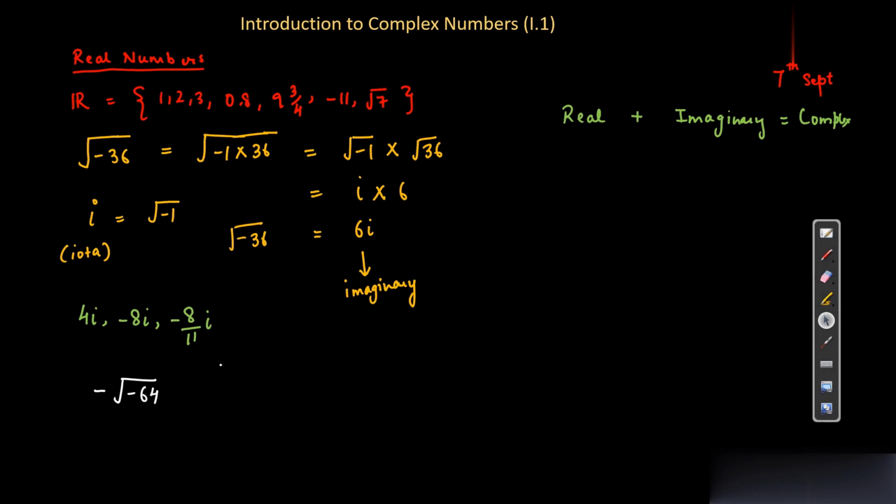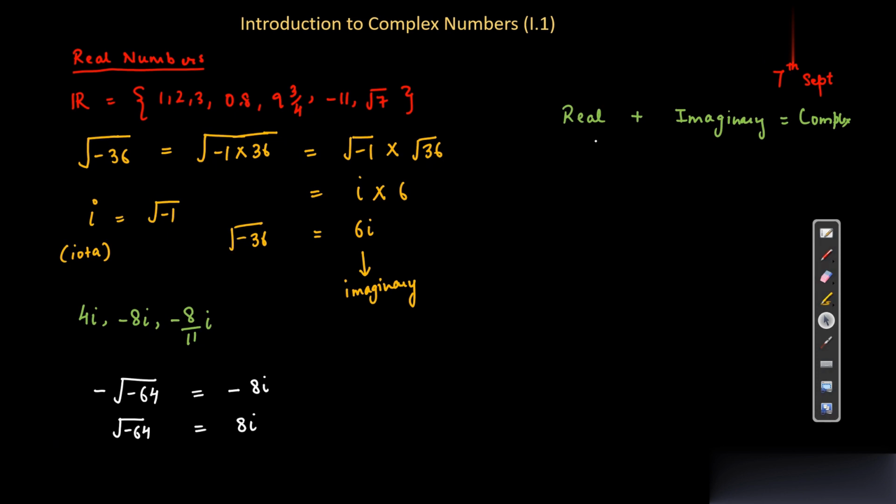Okay. So if you try to evaluate this one, the negative sign is outside the square root, so that will remain as it is, and the square root of -64 will give you 8i. Okay. And if you have just the square root of negative 64, that's just 8i.